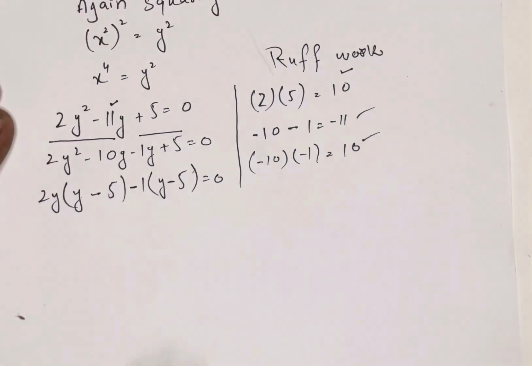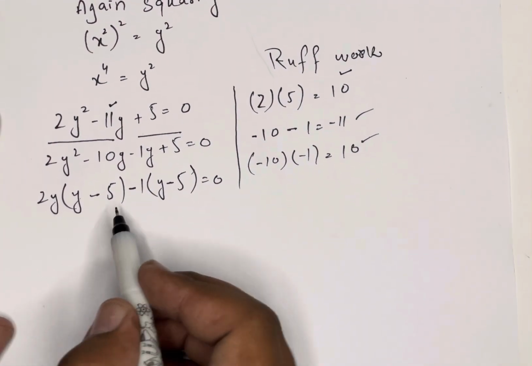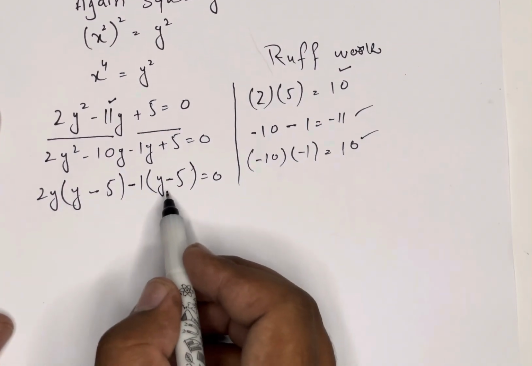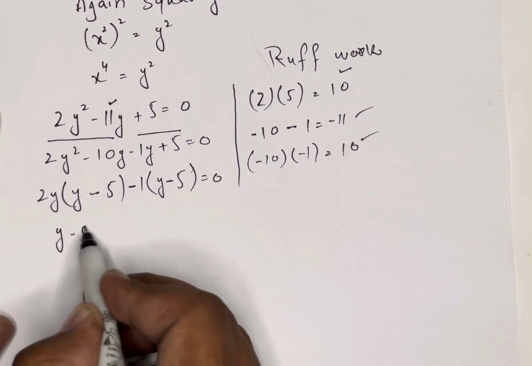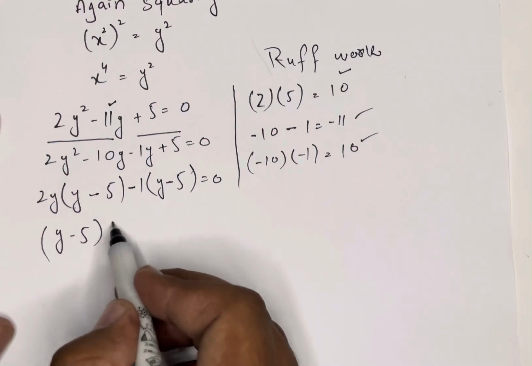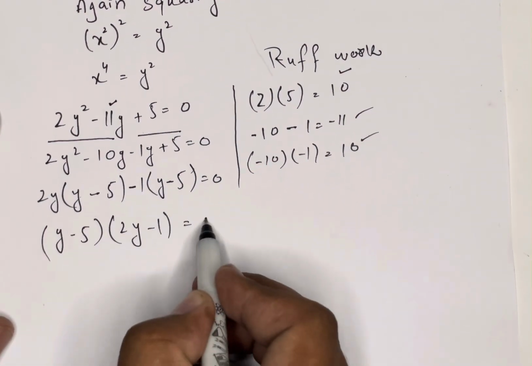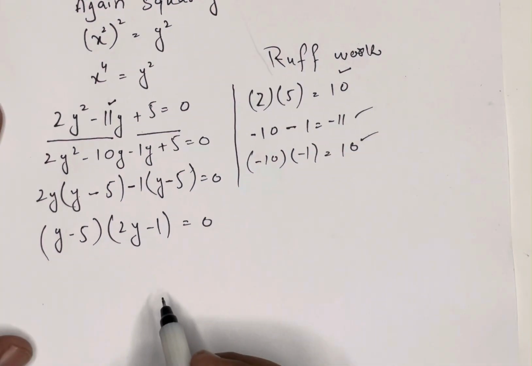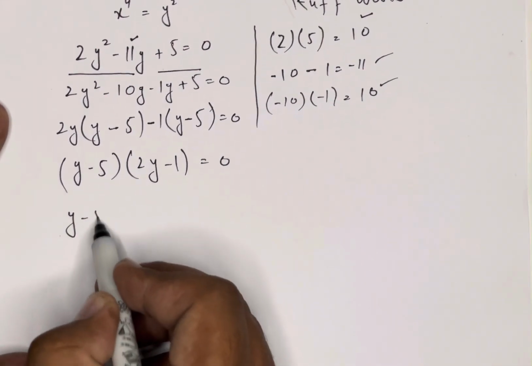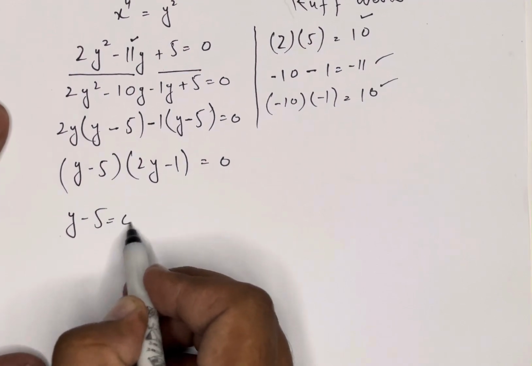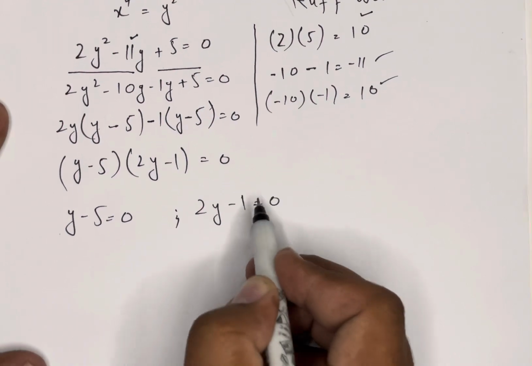So now I have this equation: y minus 5 into 2y minus 1 equal to 0. Now I am taking these two factors separately: y minus 5 equal to 0, while 2y minus 1 equal to 0.